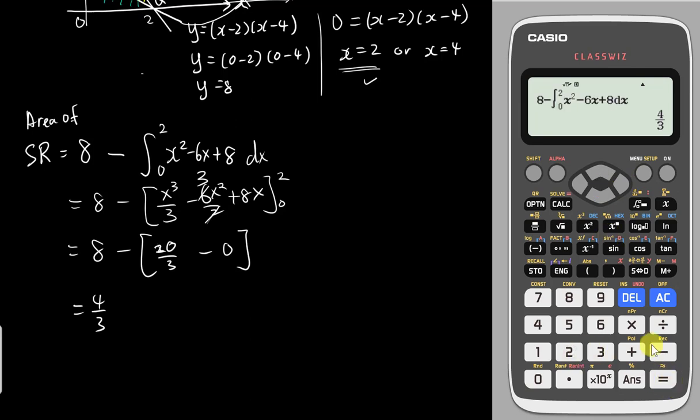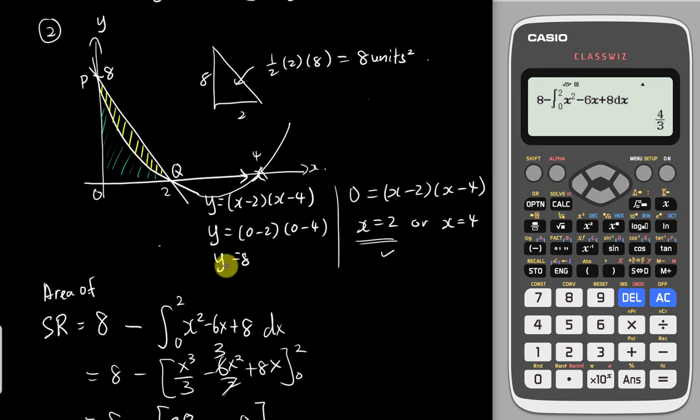Then the calculator can also get us the 4 over 3 straight away, because a lot of students just assume you need to use the integration sign independently, but actually you can join it with the 8 here to minus the area under the curve, and you still get the correct final answer, which is 4 over 3. This video is quite long, but I hope it helps you understand better how to use the calculator to find the area under the curve.